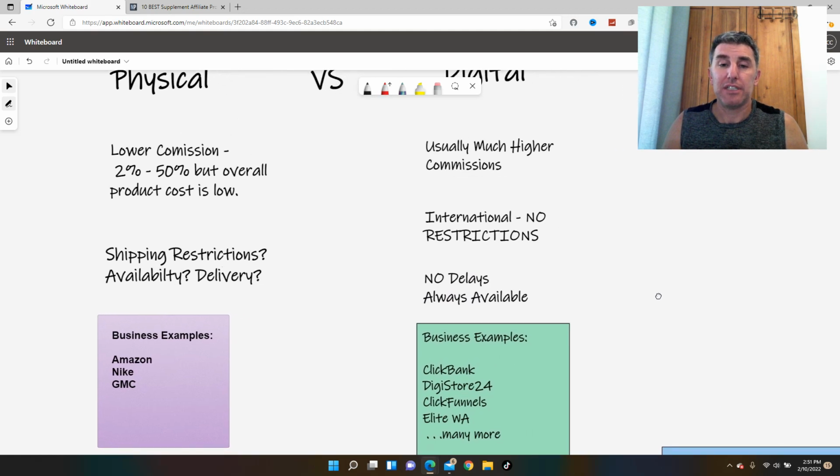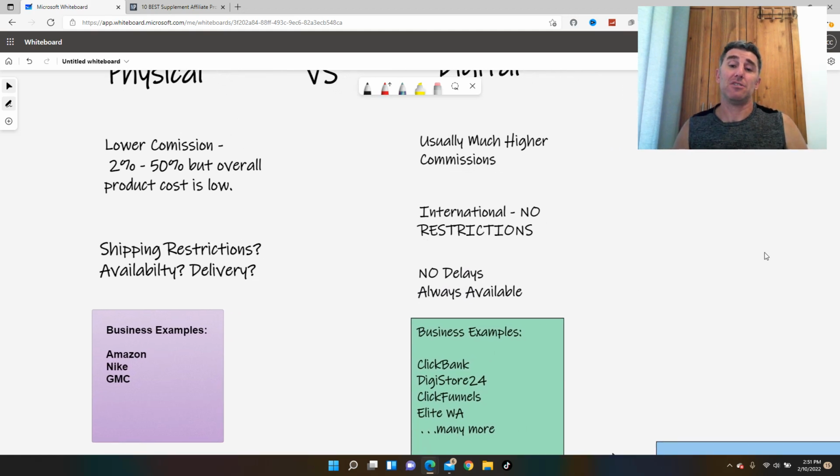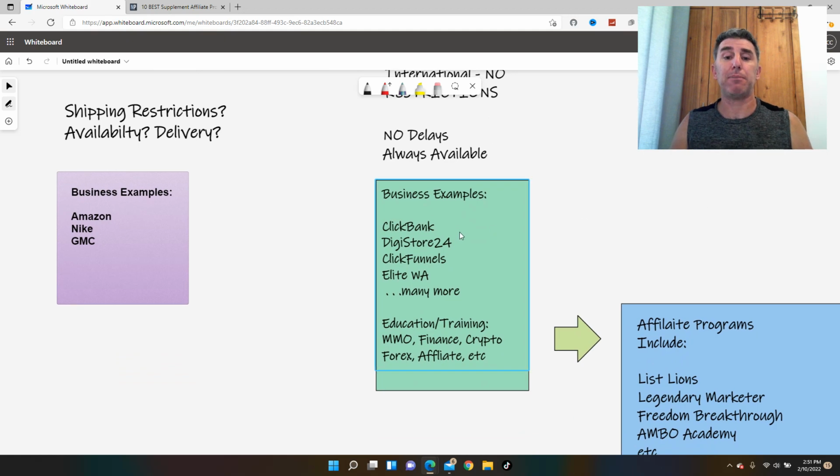Again, going back to the digital, there are no international restrictions. There are no delays. It's always available, and it is received within seconds. Most of the time, because it's digital, it's just there. Business examples of those, again, are ClickBank, Digistore, ClickFunnels, $97 a month, but it is a good way to make extra money if you can get people to use it, because it is excellent software and they have a good commission rate.